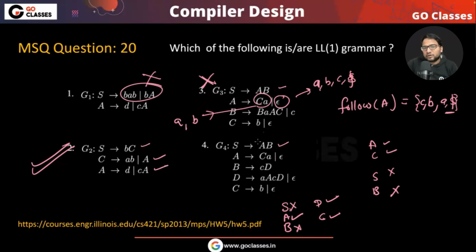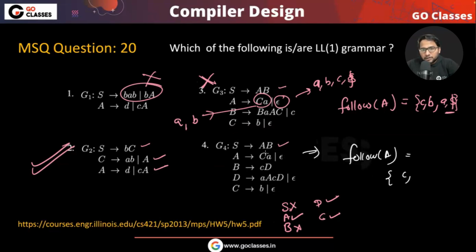Okay. Now let's just solve this. What is the follow of capital A? Follow of capital A here, right? In this grammar, it will be same as first of capital B, which is basically small c, and then that's all, right?